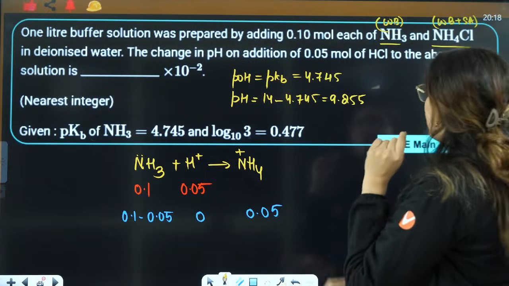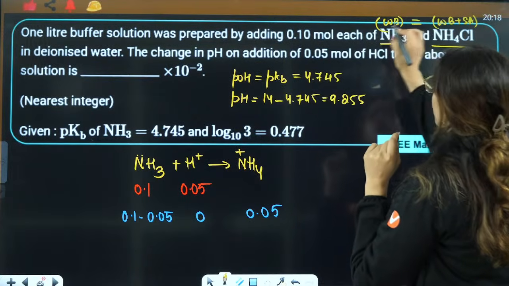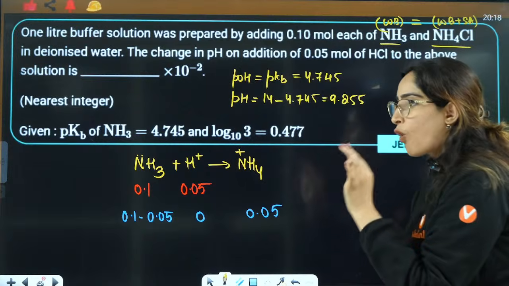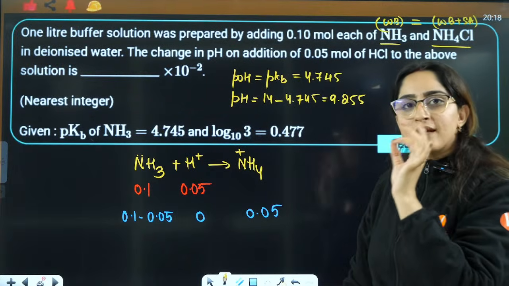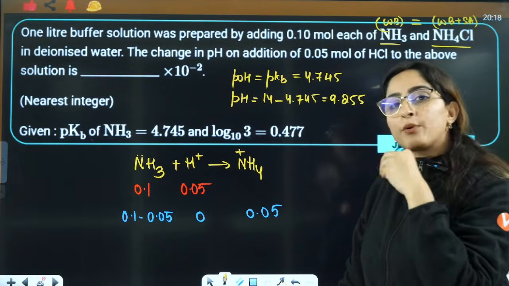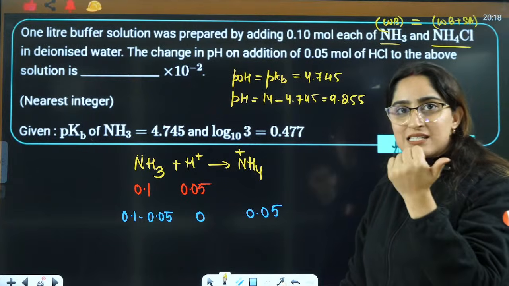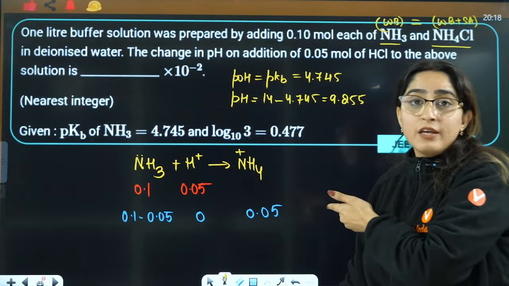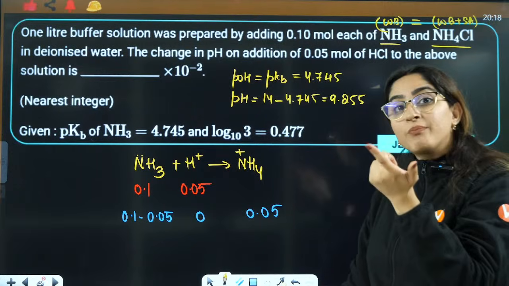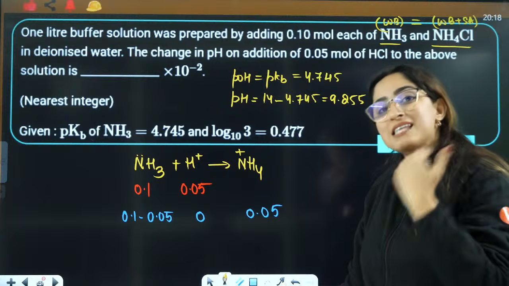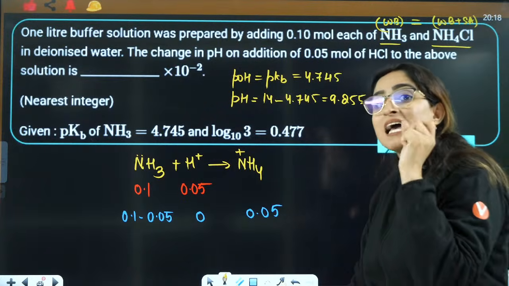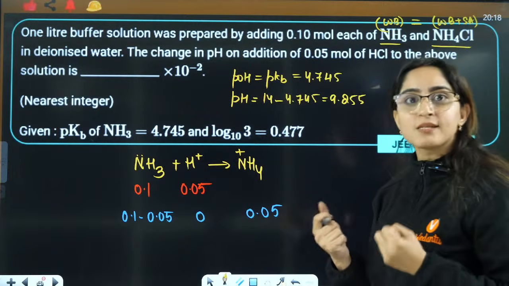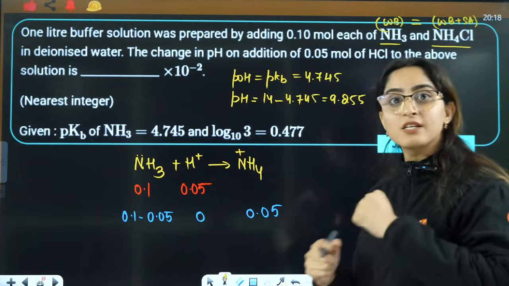Now whenever the number of moles is the same here, then according to the definition of buffer capacity, when the number of moles of both things in the basic buffer, the weak base and the salt, are the same, then we say that in this case they have maximum buffer capacity, their action is maximum.